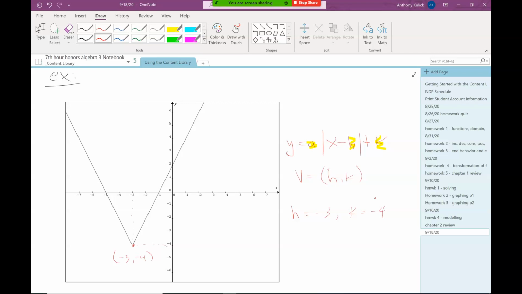So that leaves me just having to find a. A is going to be a little bit more complicated, but not too bad. So what I'm going to do is I'm going to identify any other point on my graph.